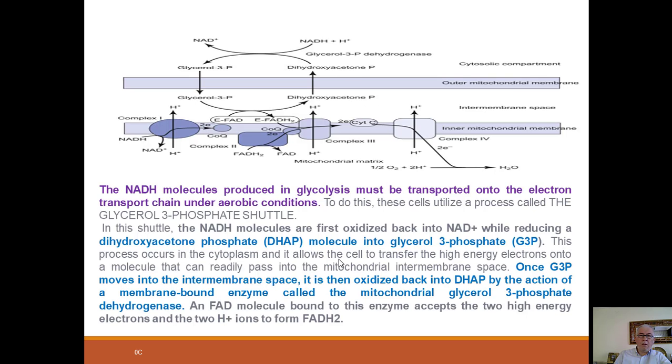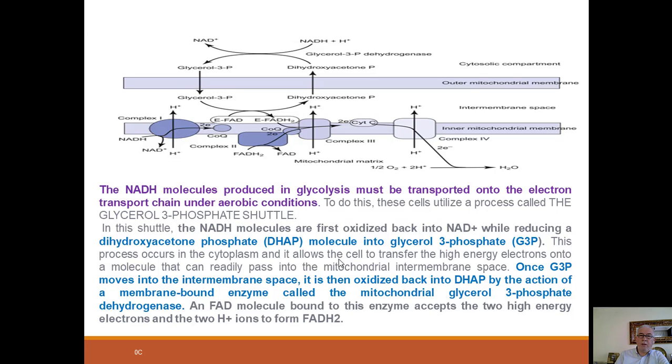And we know very well we can produce NADH in aerobic glycolysis, and during this condition we produce 2 NADH molecules, but NADH in the cytosol cannot pass through the mitochondrial membrane, and when we need the electrons of this NADH, we have to transfer these electrons inside the intermembrane space or matrix.